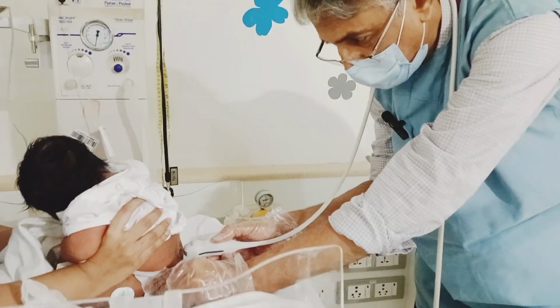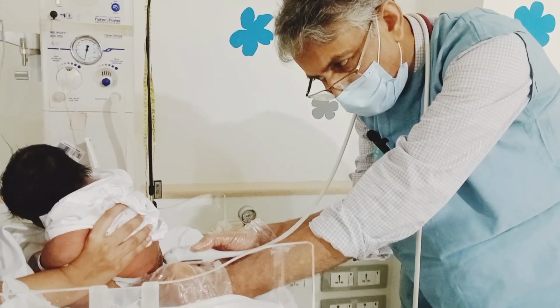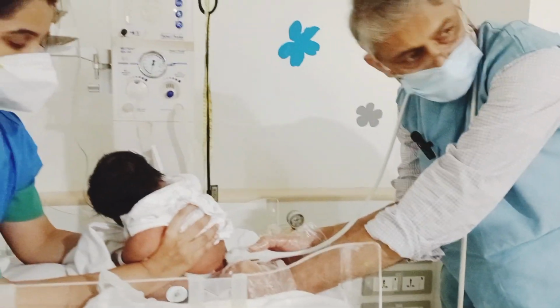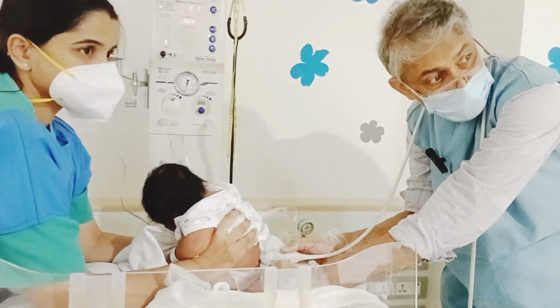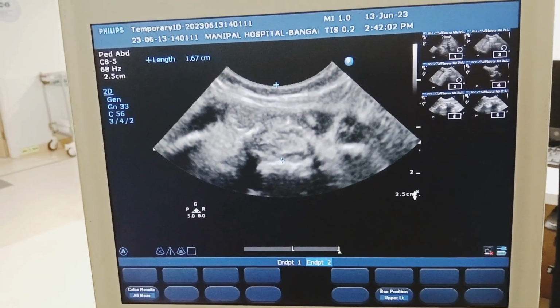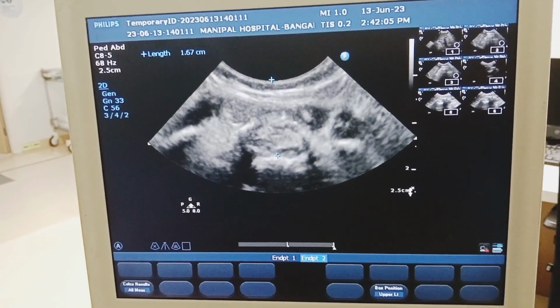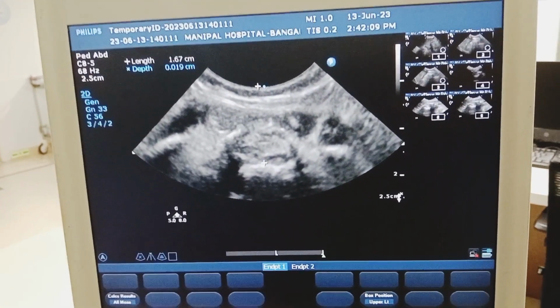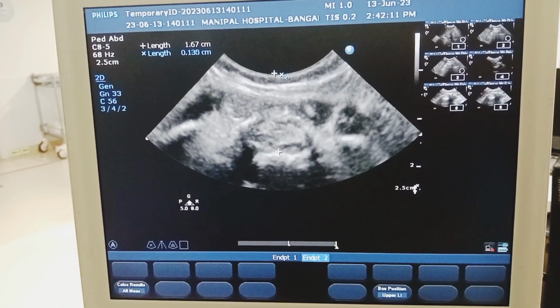Now the ultrasound of the spine is being done while the baby is in sitting position, and you can see the image there. And then I take another one from here till here.